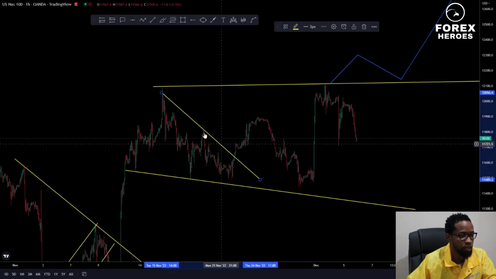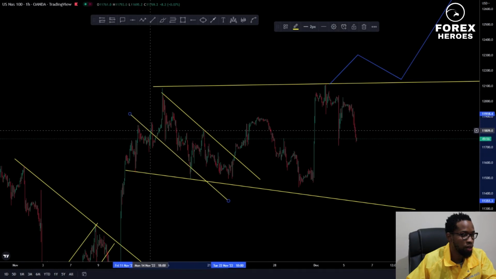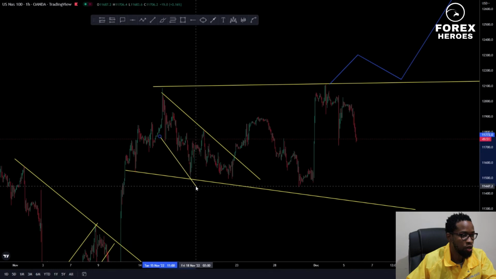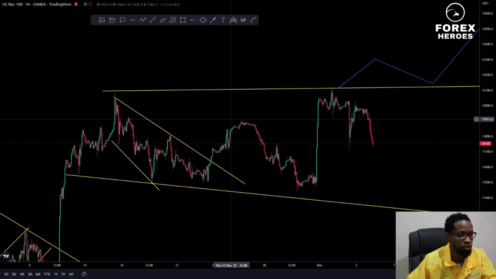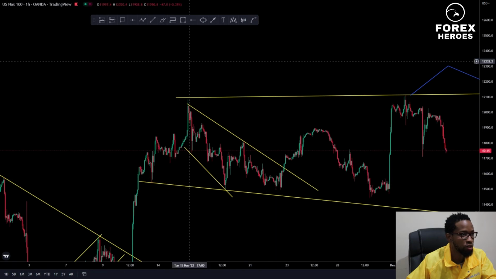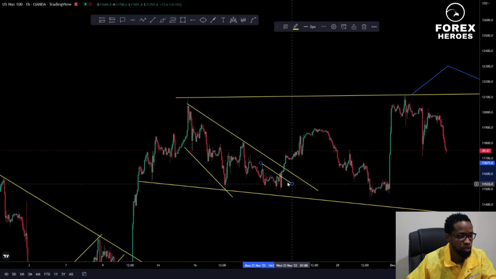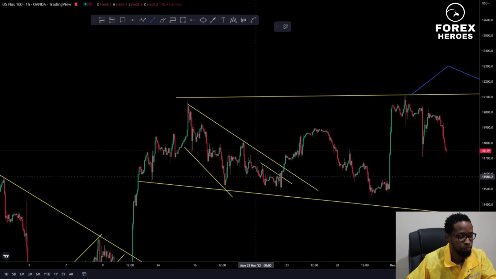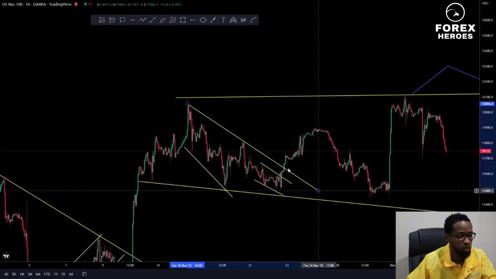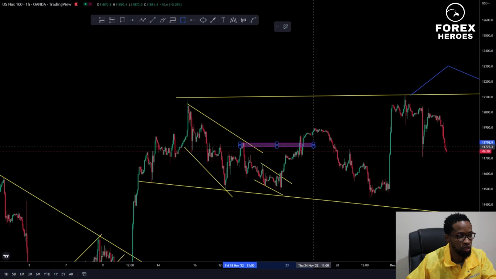look what happened here. So it's always wise to make sure that you have your partial take profits. For instance, if you took this buy, you would have took it before the break. Obviously, you would have been somewhere around here, and then so this is a TP.